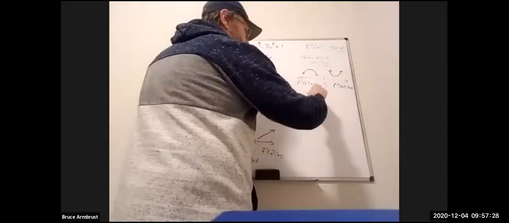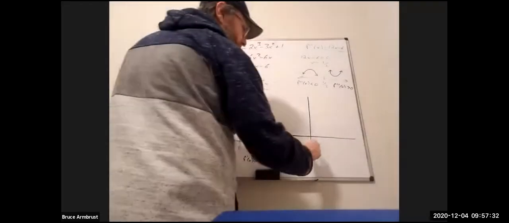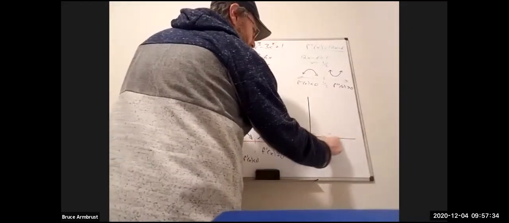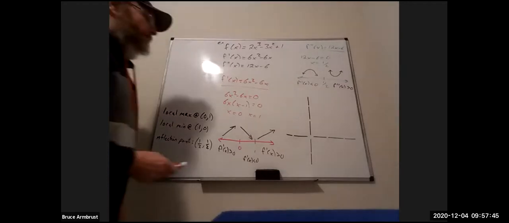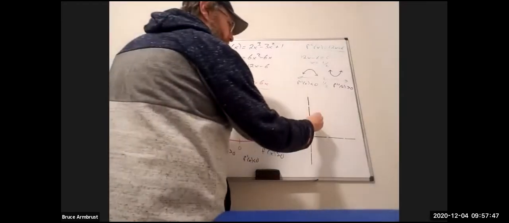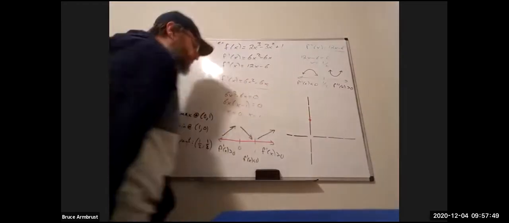All right, so let's put this all together. Draw a graph of this thing. All right, so let's start with points I know. I've got a maximum at (0, 1).